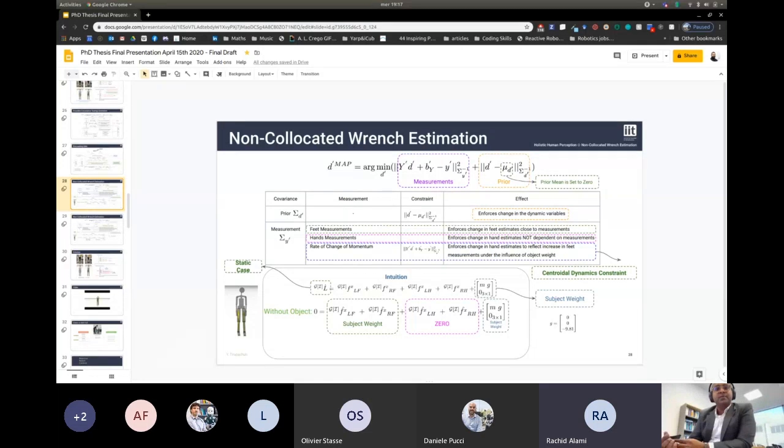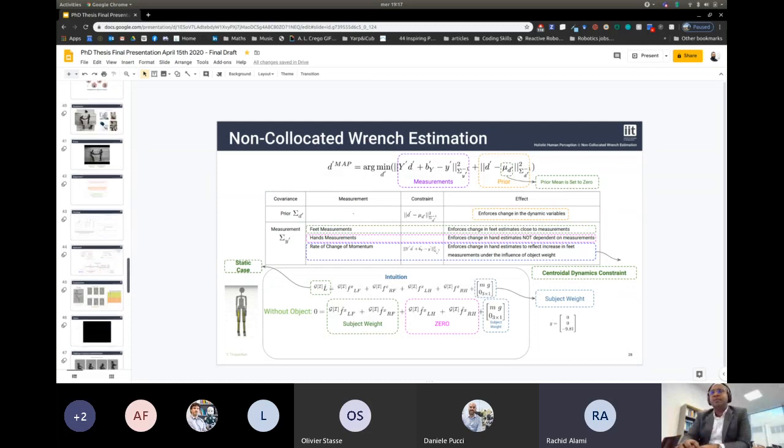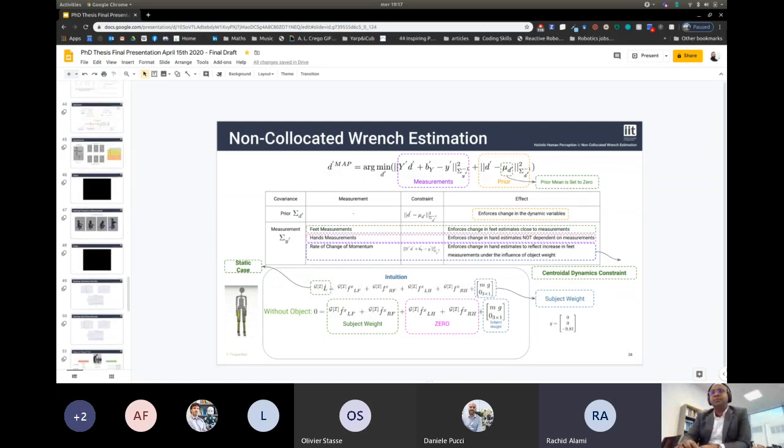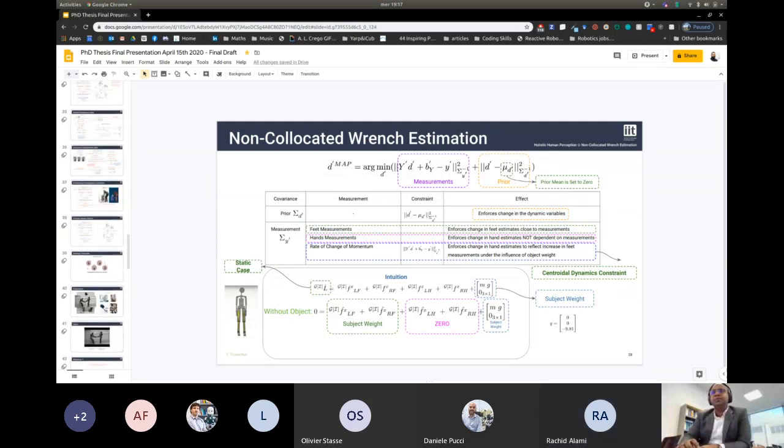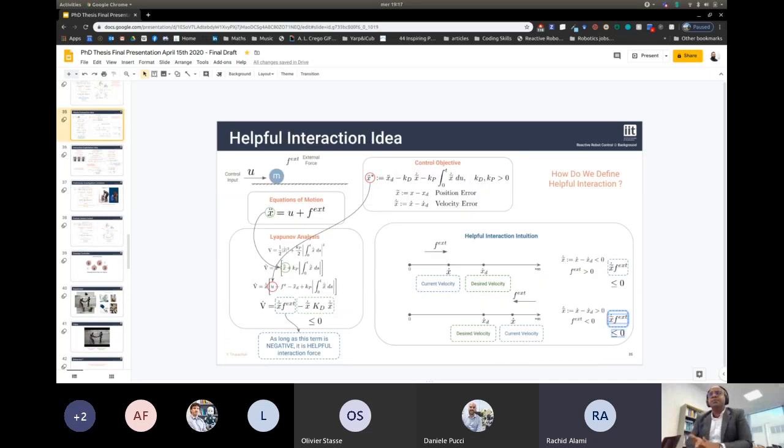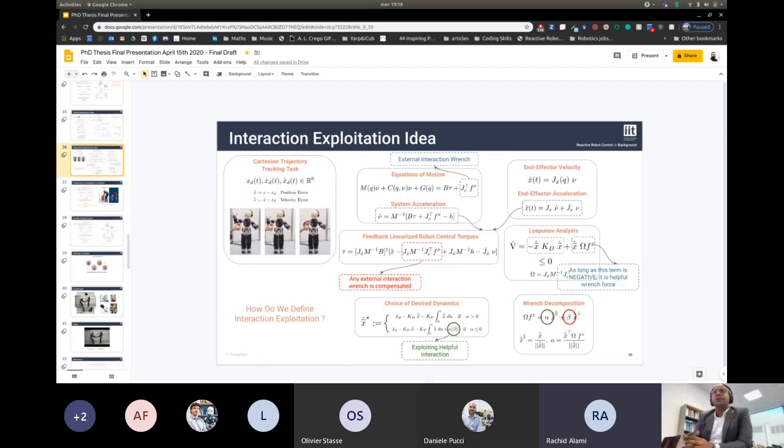Okay. Now I'll move to another thing. I like very much your scheme where you define this notion of helpful interaction force, and how you develop a scheme where the robot could... then there is a second notion which is complementary to it, that you call the trajectory advancement.